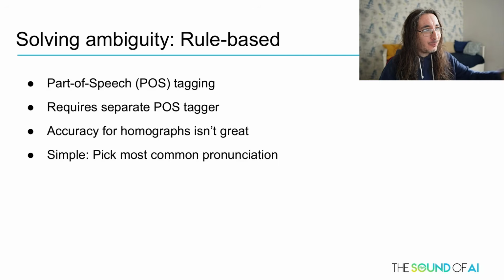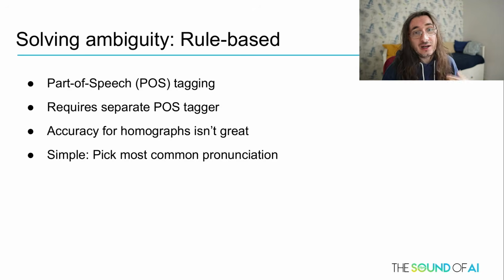So basically what we do here is use part of speech tagging, but that comes with a cost, and the cost is that it requires a separate POS, part of speech tagger. The accuracy for homographs isn't necessarily all that great.